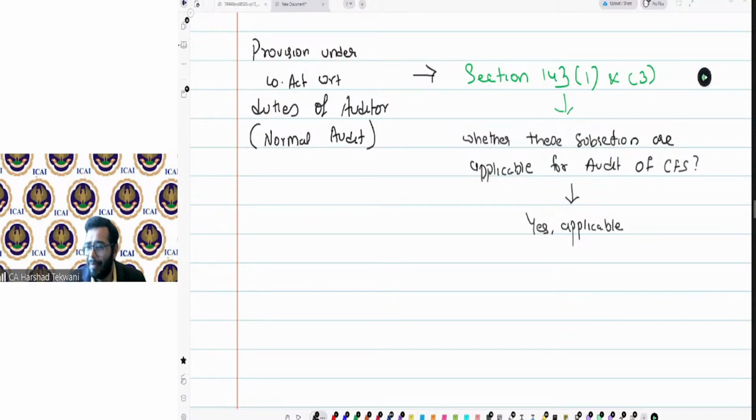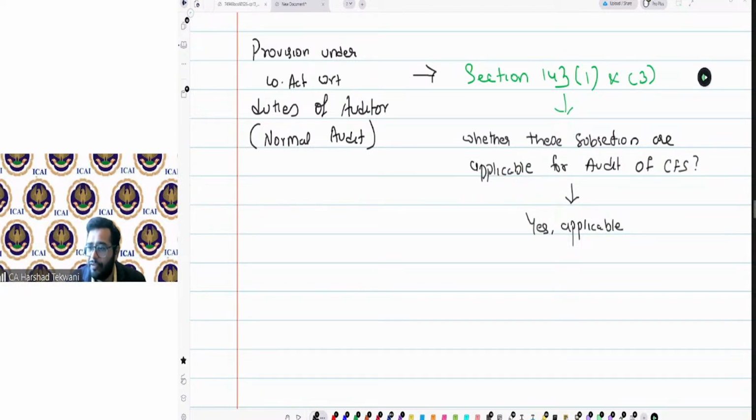Now, financial statements are prepared in accordance with section 129, which includes consolidated financial statement also. So, wherever the term financial statements are used, it includes consolidated financial statement.